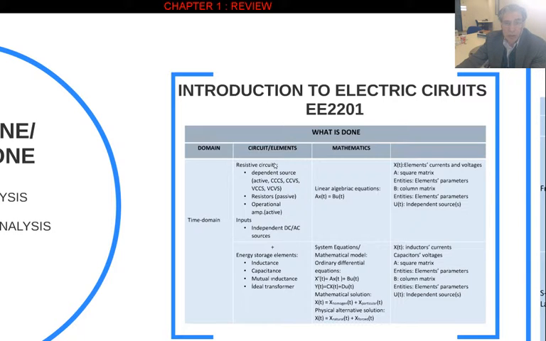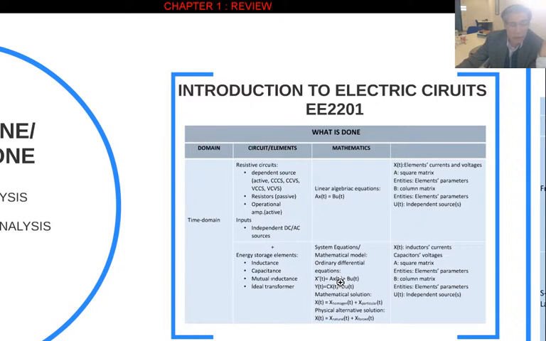If resistive circuit elements plus the energy storage elements are included, so that means new elements are introduced, then our equations are going to be differential equations. The derivative of the unknowns is going to be seen in the equations. This is the state equation, where x(t) is the state variables.